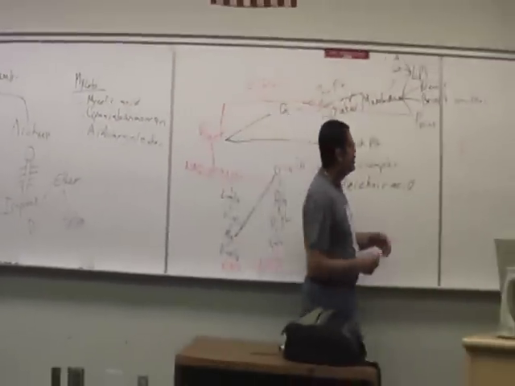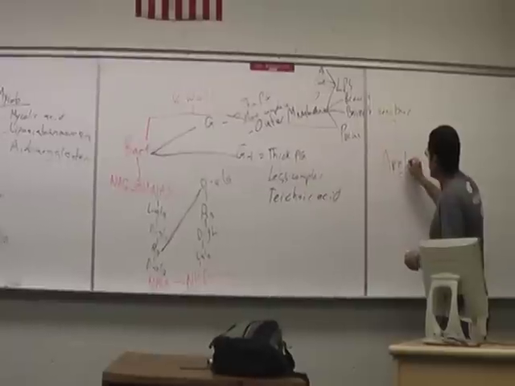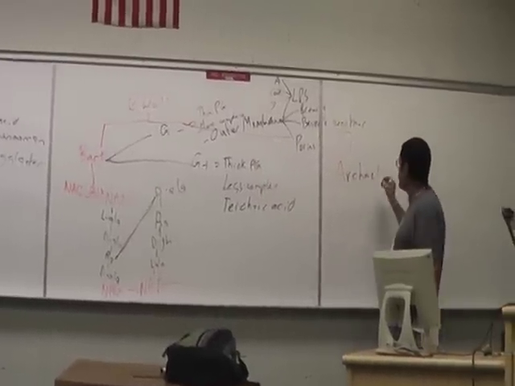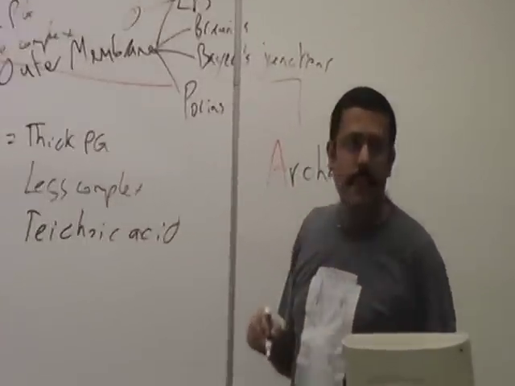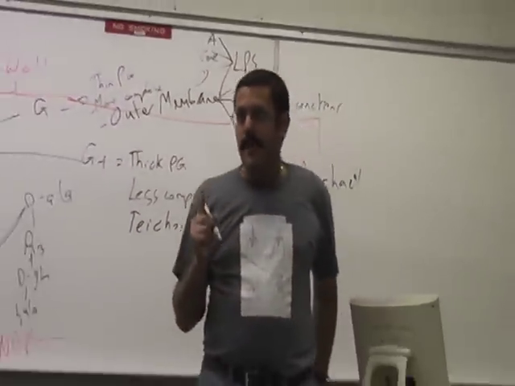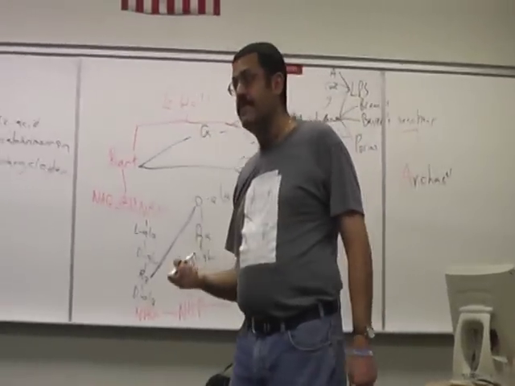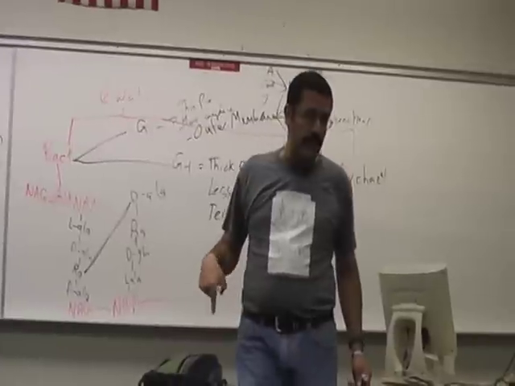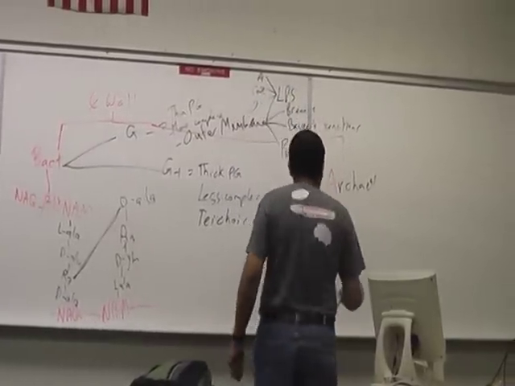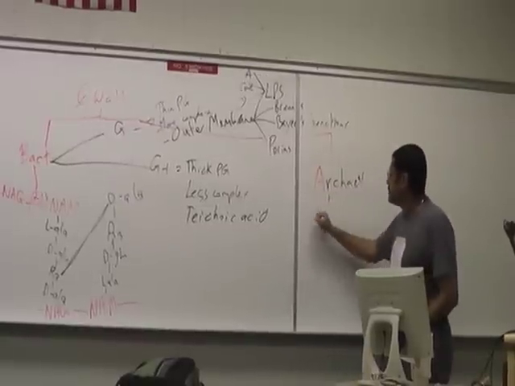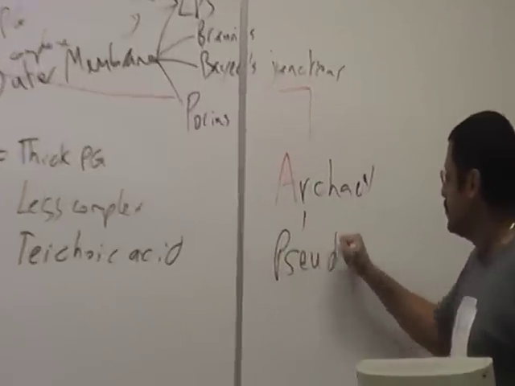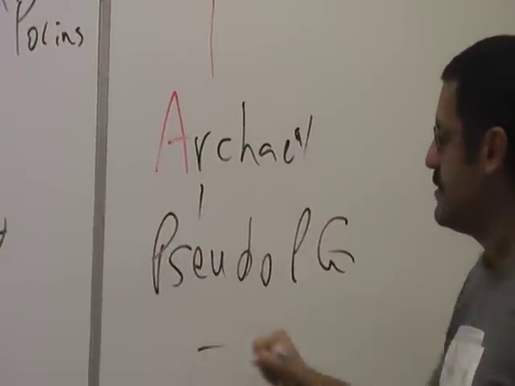Archaea, right? So then we can talk about archaeal cell walls. First of all, do they have peptidoglycans? Remember, they don't have peptidoglycan. They have pseudo peptidoglycan, and you have to be able to differentiate it from regular peptidoglycan. So this is called pseudo PG. How does it differ?